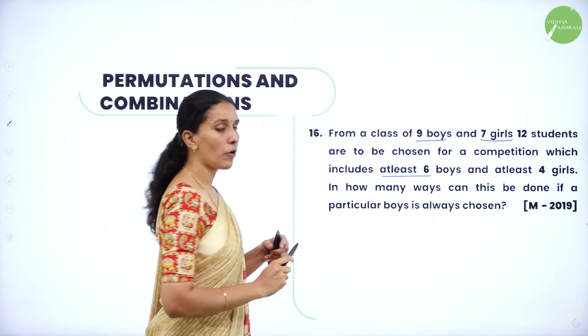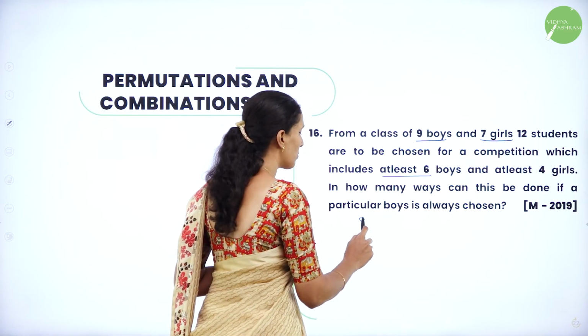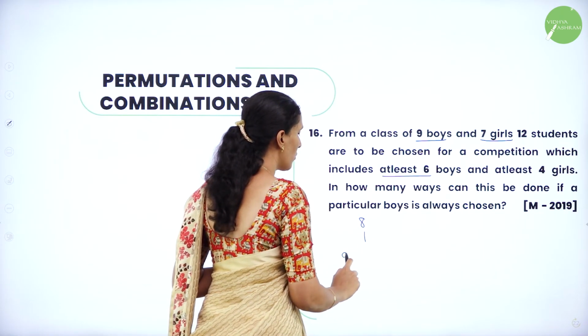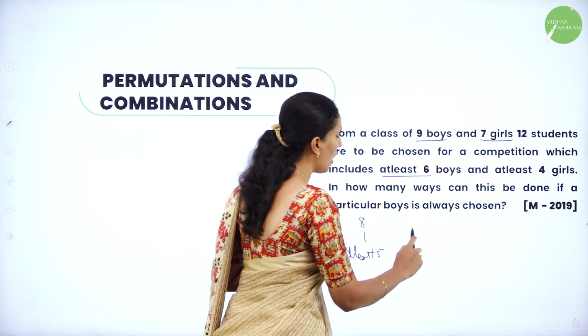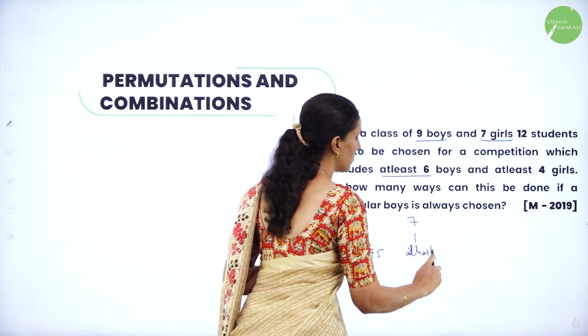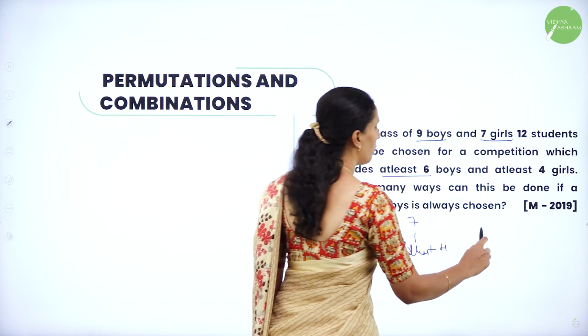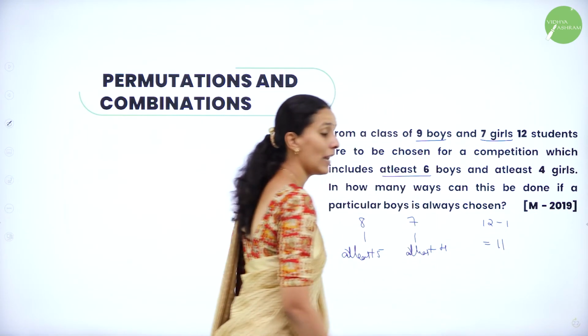So from 9 boys, if 1 boy is already selected, we have only 8 boys. So from 8 boys, we need at least 5. And out of 7 girls, we need at least 4. And also from the 12 students, minus 1, we need only 11 students.